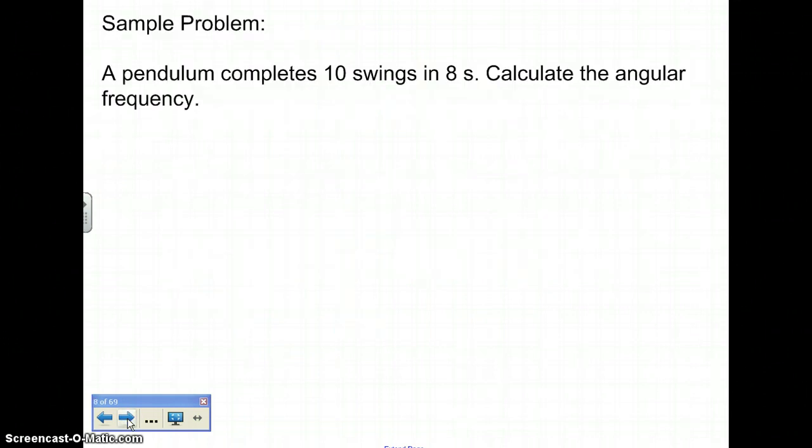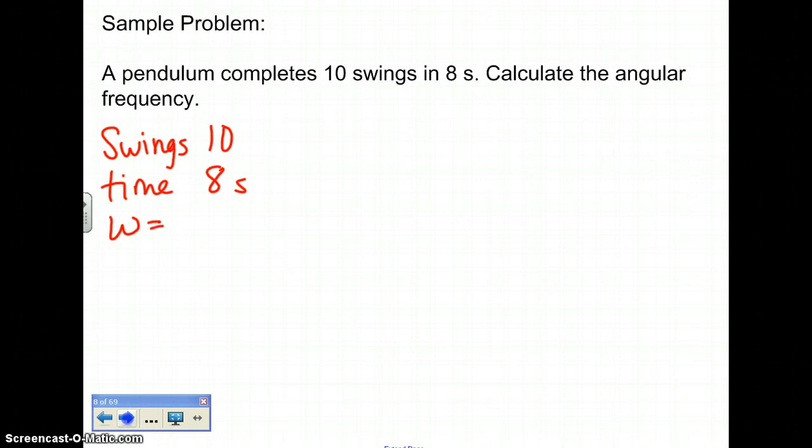So here's our sample problem. A pendulum completes 10 swings in 8 seconds. Calculate the angular frequency. The number of swings is 10, and the time in which it completed that was 8 seconds. We want our angular frequency, which we'll just say is measured in hertz. Is that true though? You'll find out in a second.